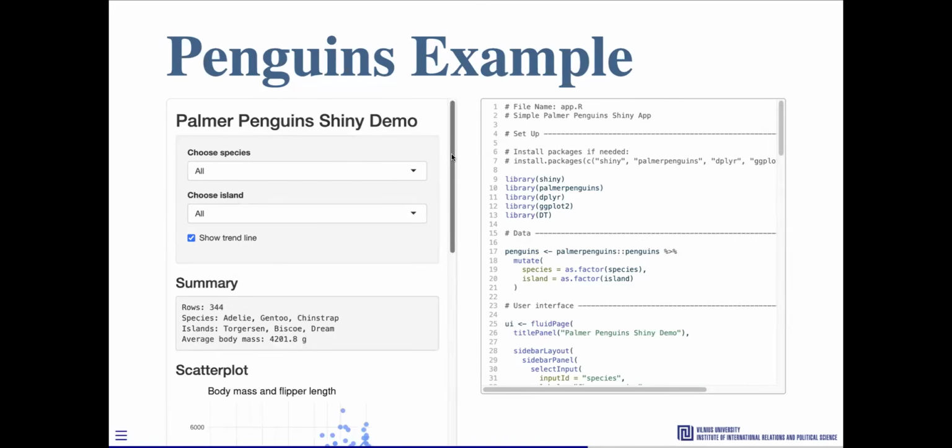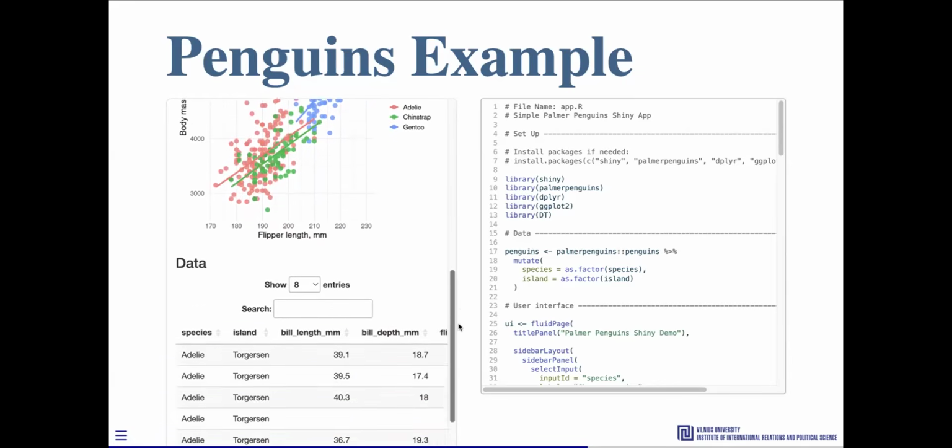So what we see here is a Shiny app that I'm embedding in the slides. There's a link for it, or if there's not, I will share it with you. And first, let's take a look at the app itself, and then we're going to look at the code. So what is it doing? Well, it's giving us some information.